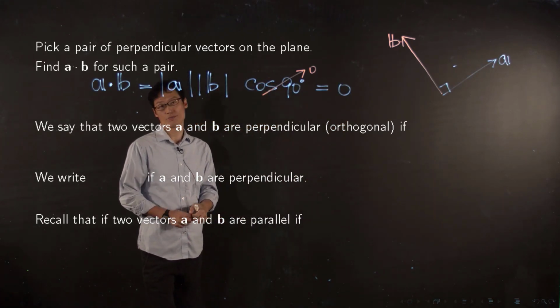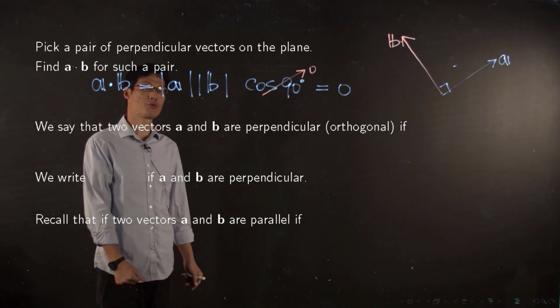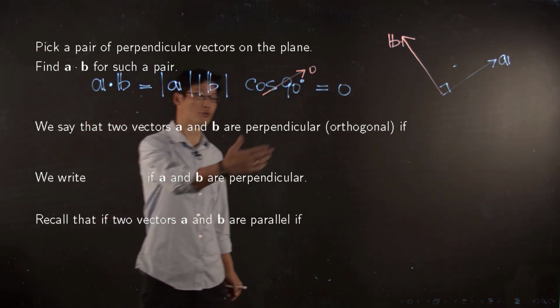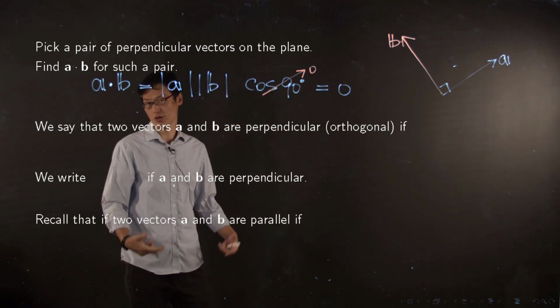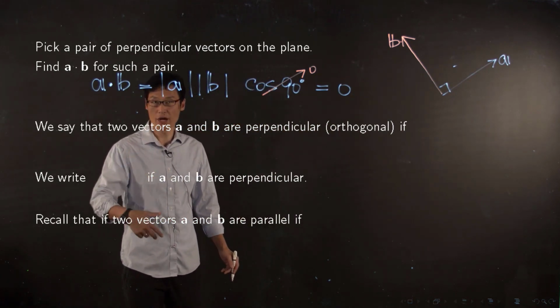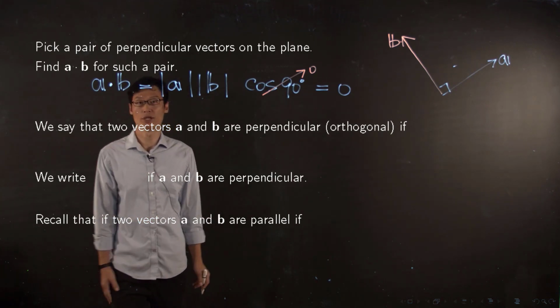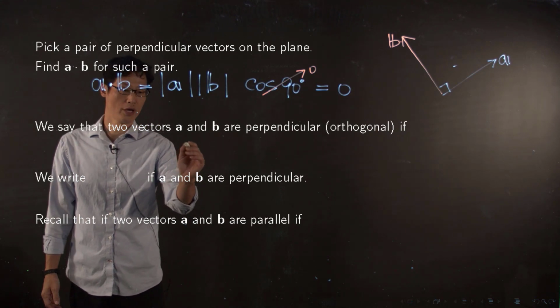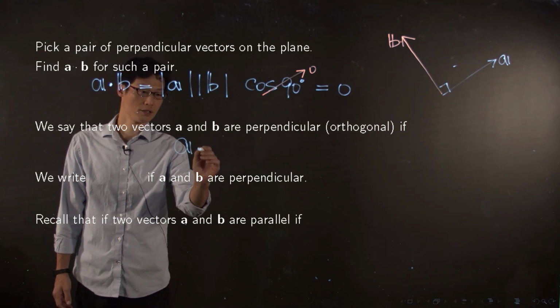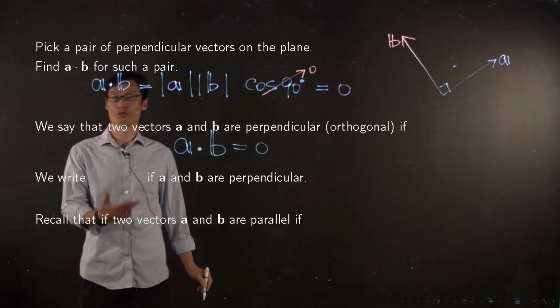So this is quite interesting. Whenever you pick a pair of two vectors which are perpendicular, then the result is always 0. Actually, that observation gives us a criterion to tell when two vectors are perpendicular. So simply, whenever you have 0 dot product, then we say two vectors are perpendicular.